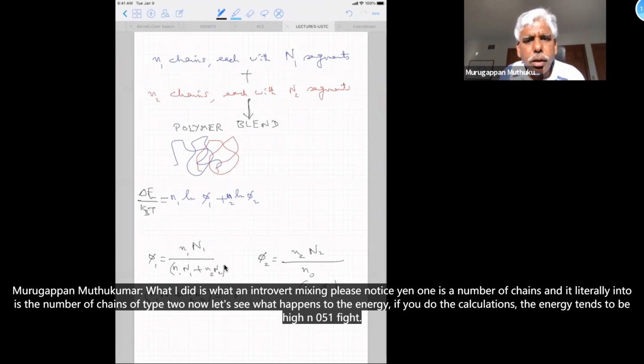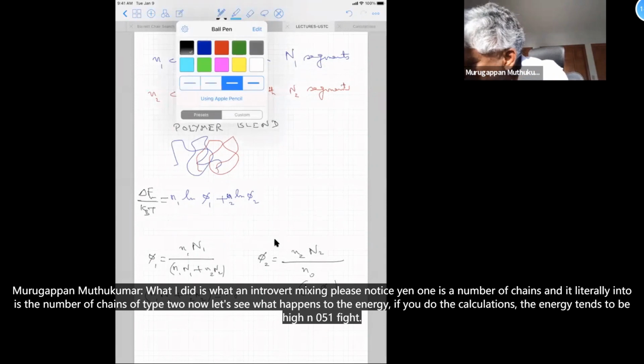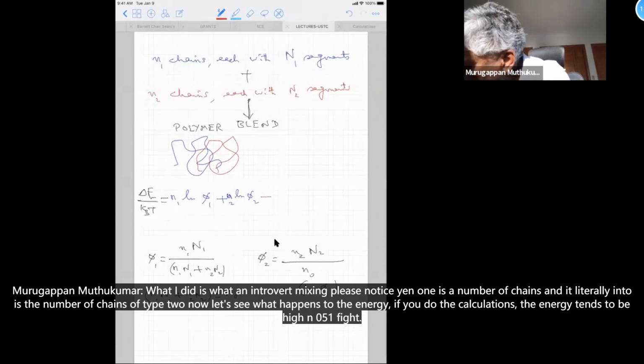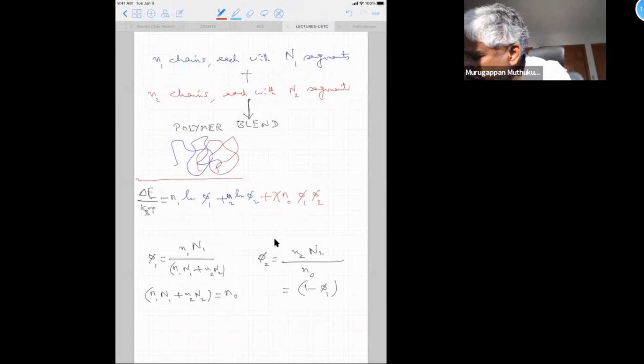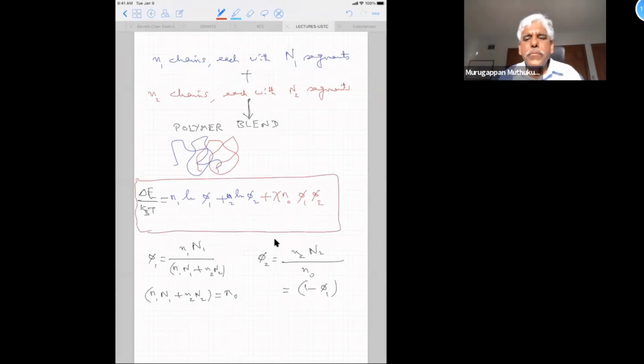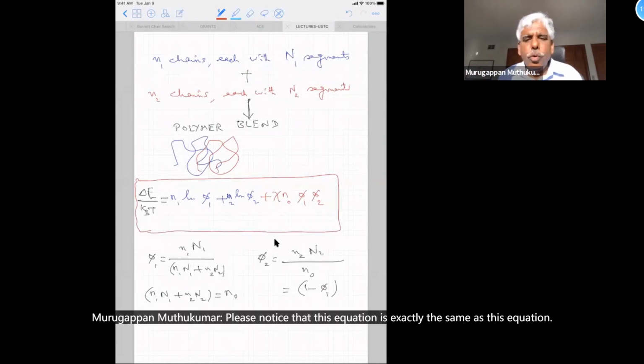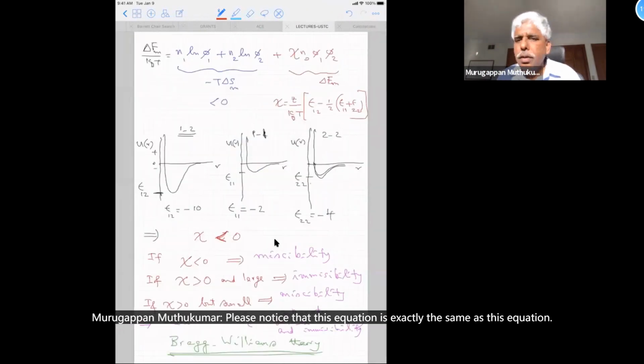Now let's see what happens to the energy. If you do the calculations, the energy turns out to be chi N0 phi 1 phi 2. Please notice that this equation is exactly the same as this equation.